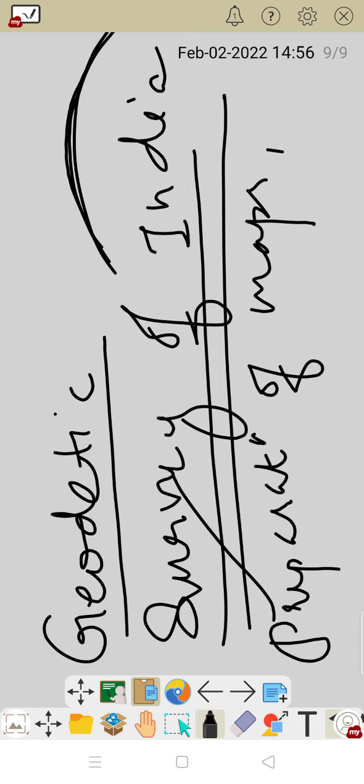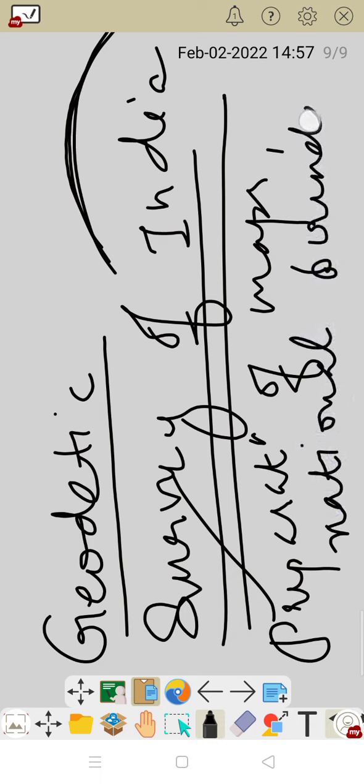Then if you want to get national or international boundaries, that also comes from this survey.